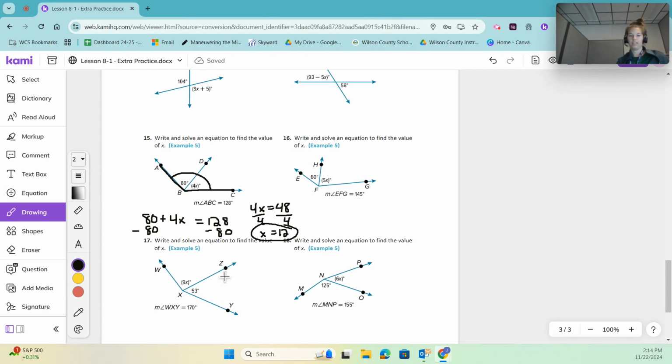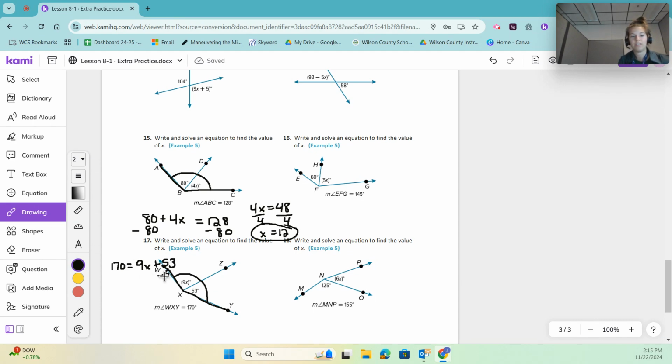Let's do one more like that. Again, they tell you WXY, which means this entire thing here is 170 degrees. So 170 equals 9x and 53 together, which means we are adding them.